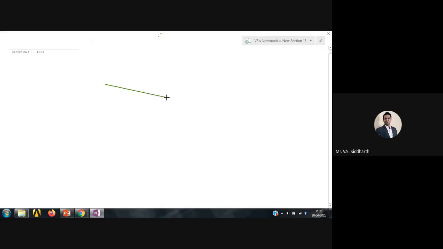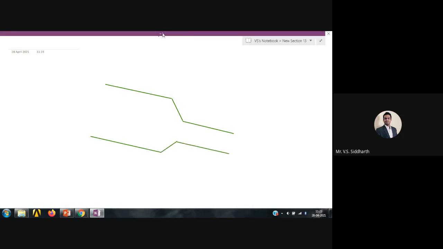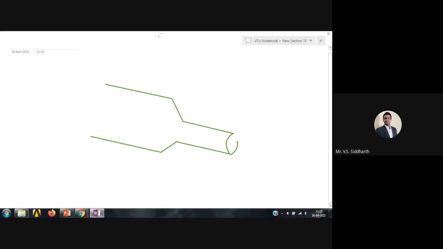So this is the workpiece. This is the atmospheric surface.